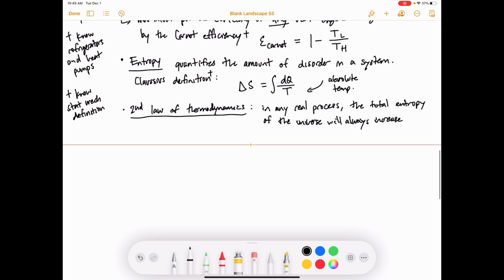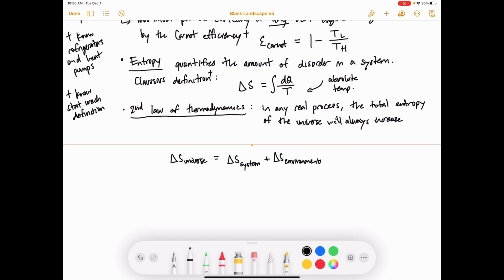So how do we write this out as an equation? Well, the entropy change of the universe is what we're referring to in the second law of thermodynamics, delta S universe. And that's always going to be equal to delta S for your system, however you choose to define your system, plus delta S for the environment.